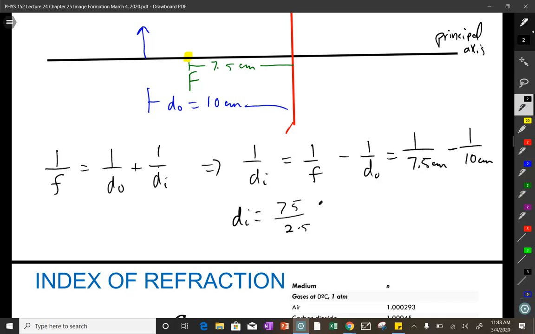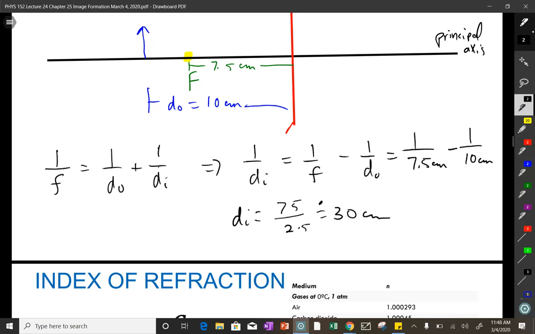And then we take the inverse of that, which I'm sure is on this calculator somewhere, but I don't see it. Oh, there it is. Second function, that. And yes, it gives me 30. And actually 7.5 over 2.5 is 30. So the distance for the image is 30 centimeters.